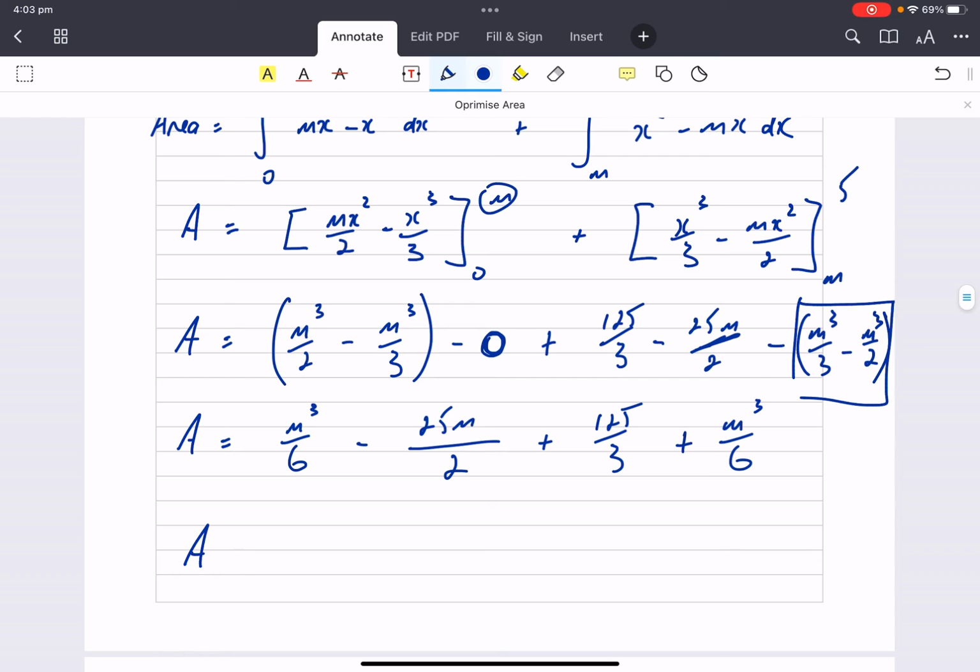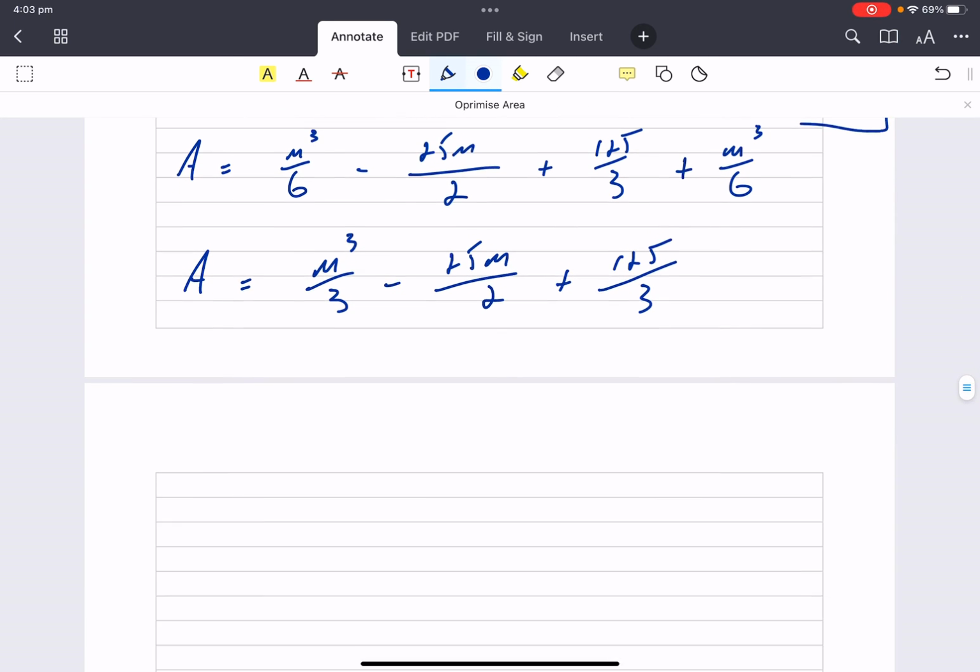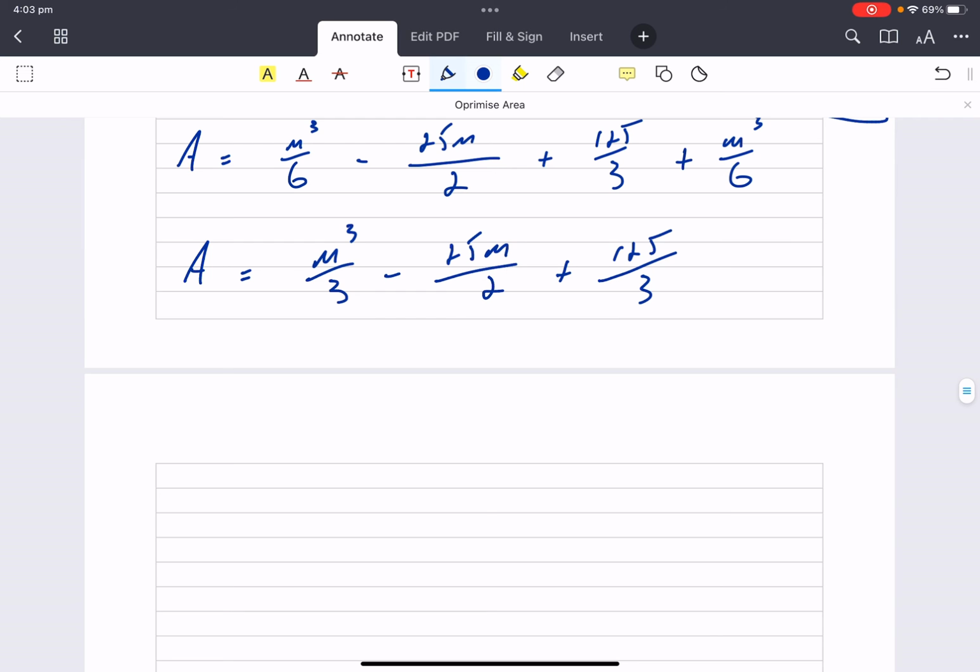So our area will be m cubed on 3 minus. You can see why it's tech active, because otherwise we're going to spend all of our time doing stuff that we don't want to. Okay, so there's our area.